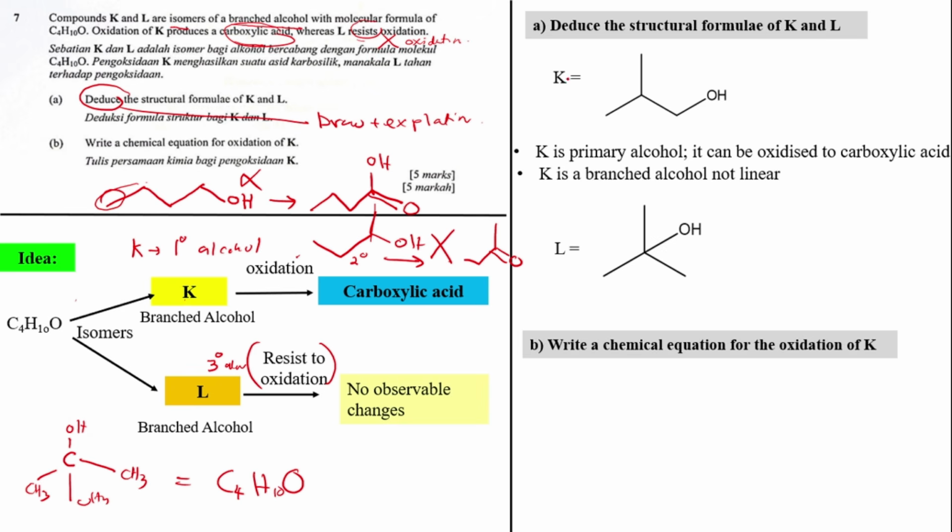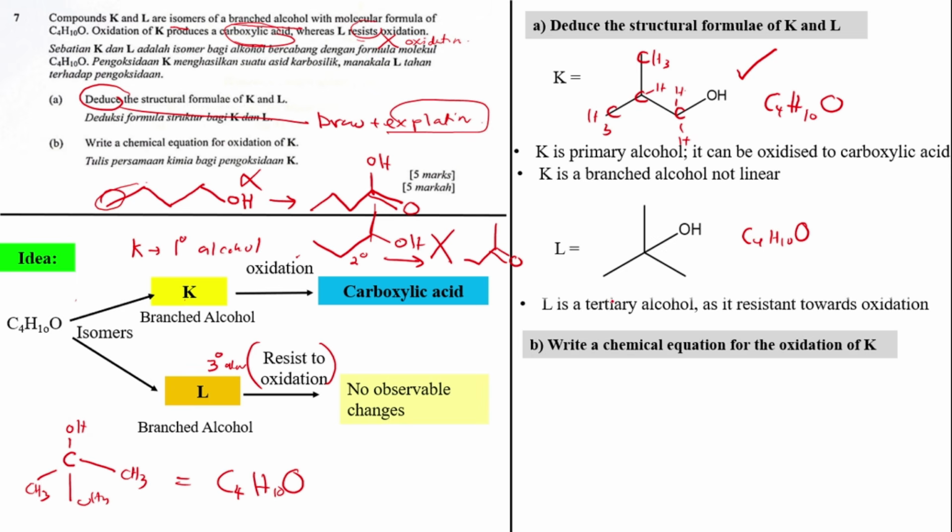Similarly, you can count the carbons in K: 4 carbons, with CH3, CH3, and hydrogens, so C4, H6, 7, 8, 9, 10, and also O. So this idea is correct because the molecular formula is correct. Don't forget to put your explanation downwards: L is a tertiary alcohol and it is resistant towards oxidation. This is how you answer the deduction question.